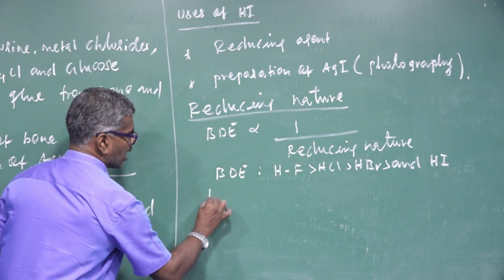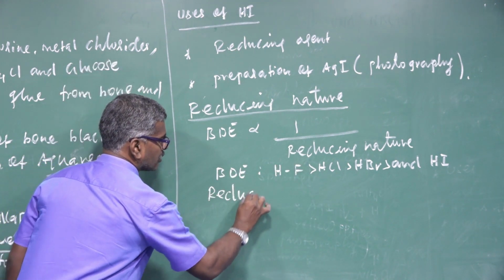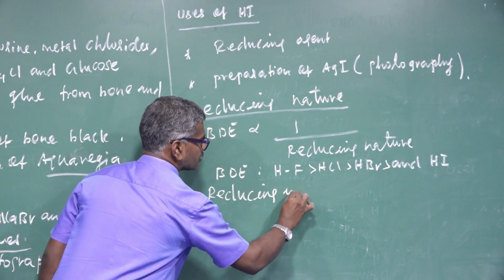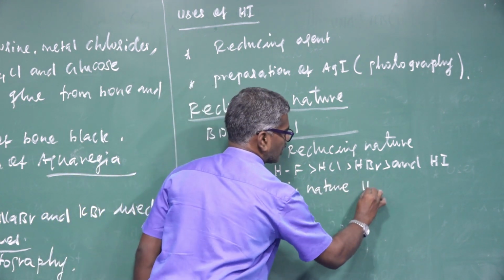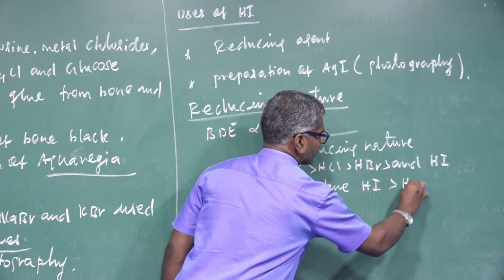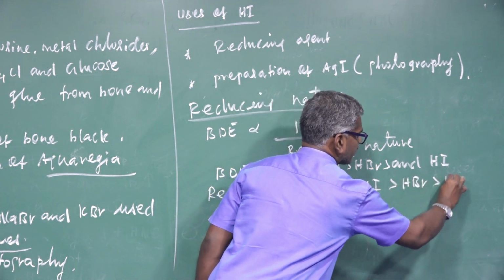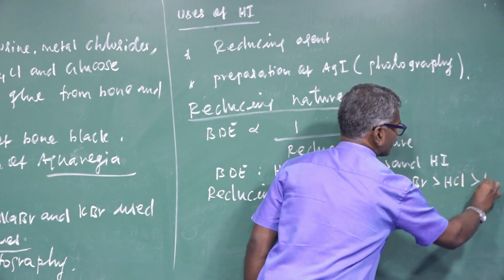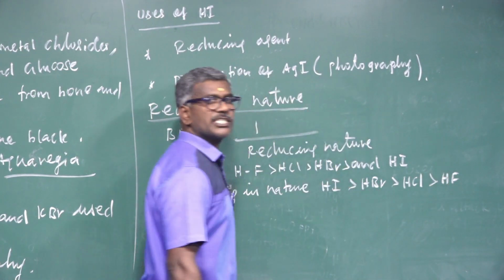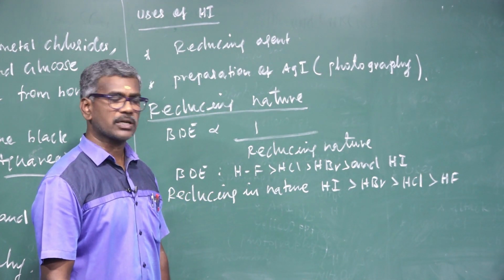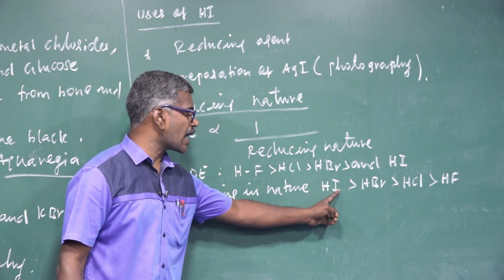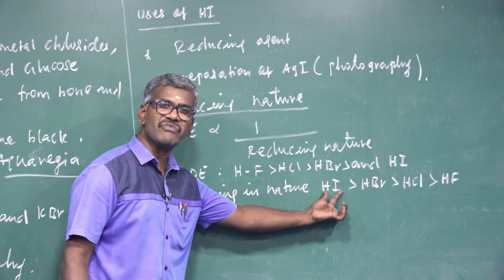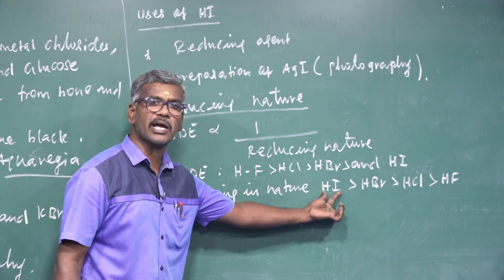That is, HI greater than HBr greater than HCl greater than HF. This type of question may be asked for 1 mark. Which one is a powerful reducing agent? Because in hydrogen iodide the bond is a weak bond, this is a stronger acid.